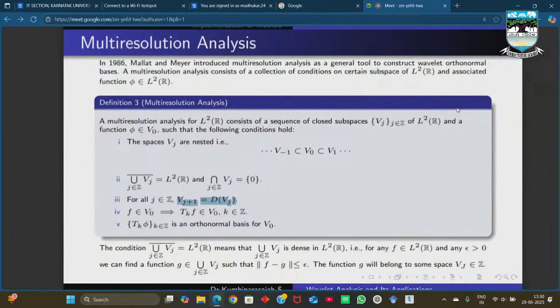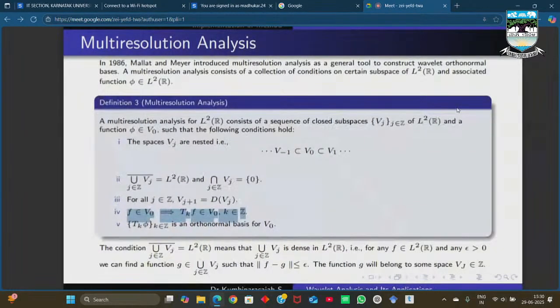Then every space I need, I can immediately generate by knowing just one space. If I know V0, I can generate V1, V2, and so on. And the fourth one says, if any function belongs to one particular space, then any translation of that function should be present in the same space.